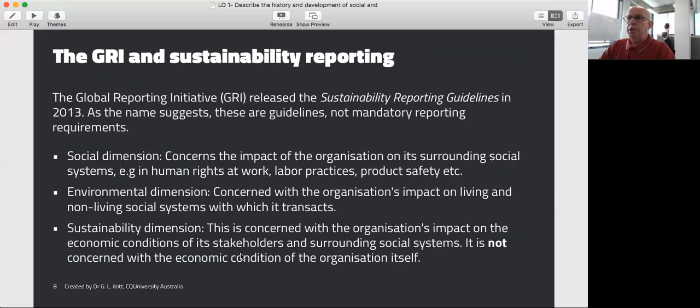More recently, we have the Global Reporting Initiative, or the GRI, and it released its sustainability reporting guidelines in 2013. Again, we have three dimensions. We have economic, social, and environmental. The GRI presents guidelines.